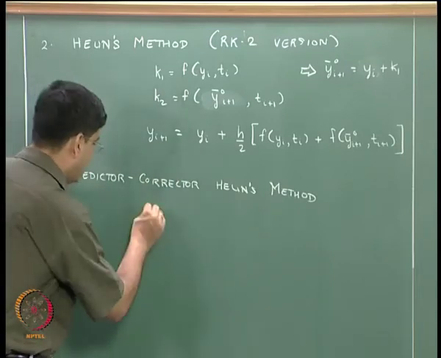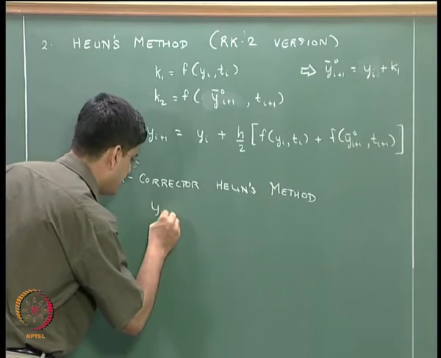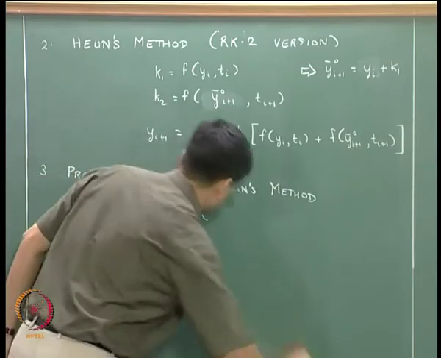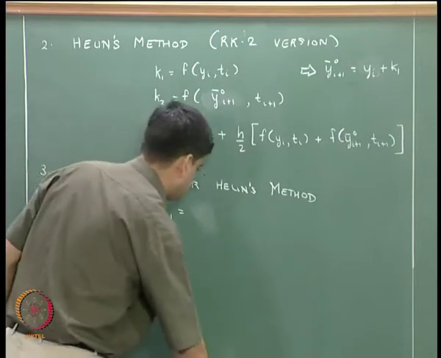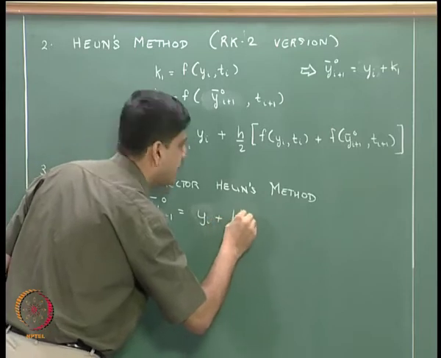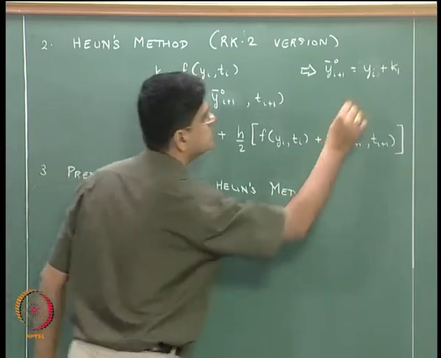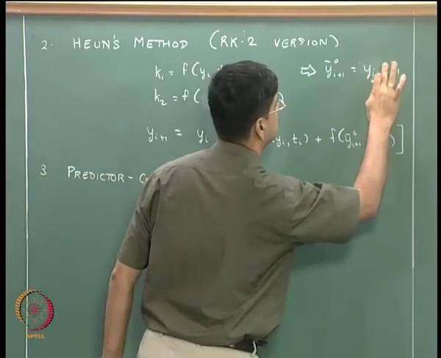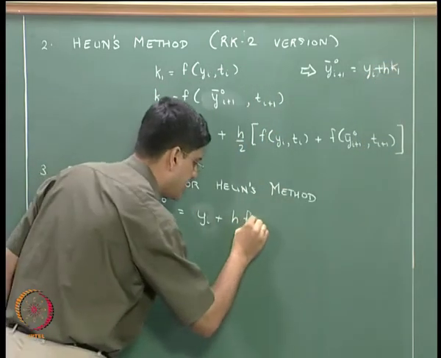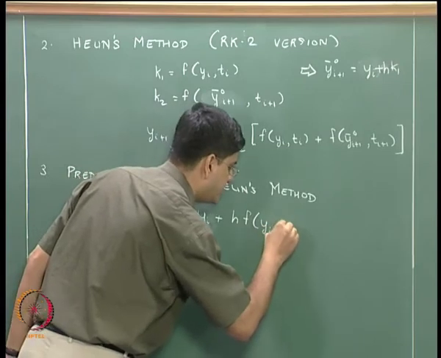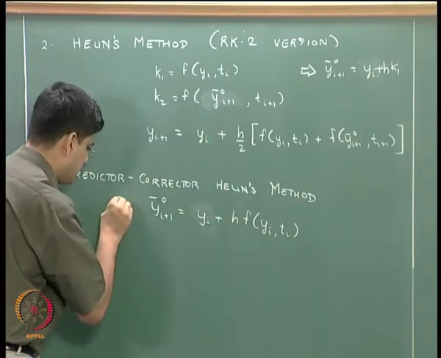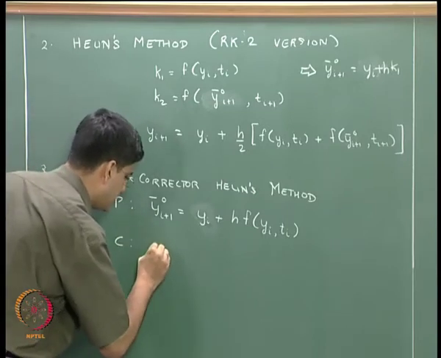So we have y i plus 1 bar 0 equal to y i plus h times, I missed an h over here, so I will just correct this, y i plus h times f of y i comma t i, and this is the predictor.